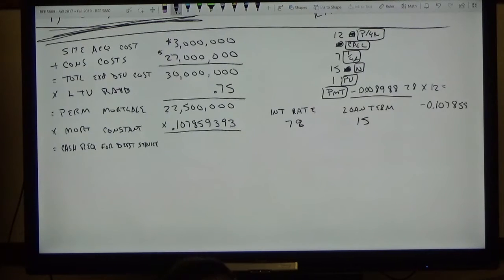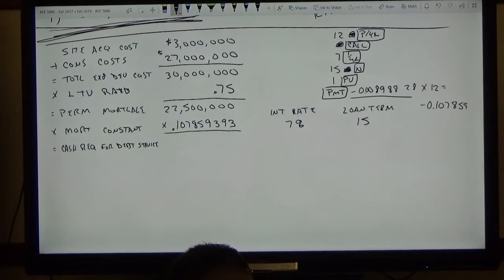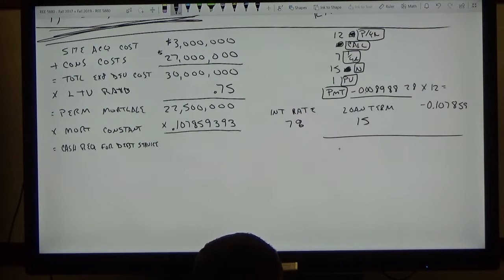Yes? Is there any specific reason why we didn't just do one payment per year? Or did it mess it up? Yes, because one payment per year is not going to be the same as 12 payments per year because of compounding. Okay? Well, let's just do it, just to show the difference. The question Justin was asking is, what if we did this with one payment per year?